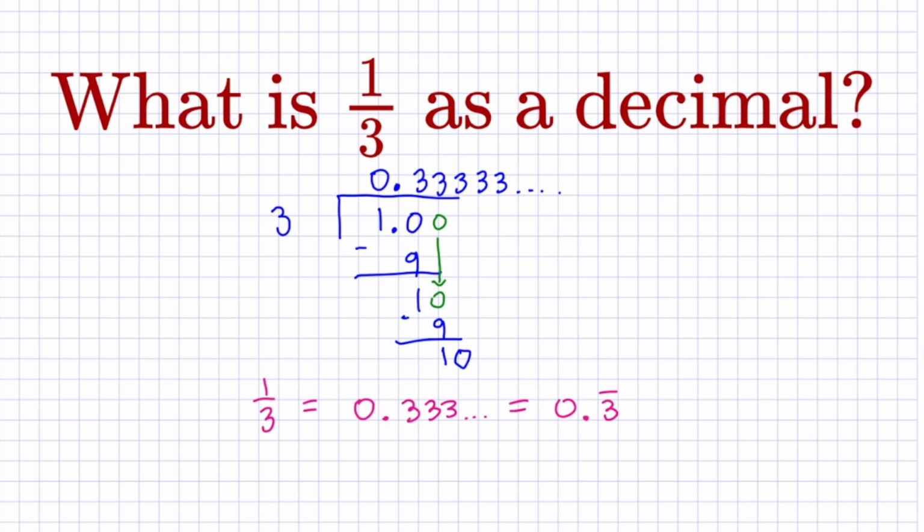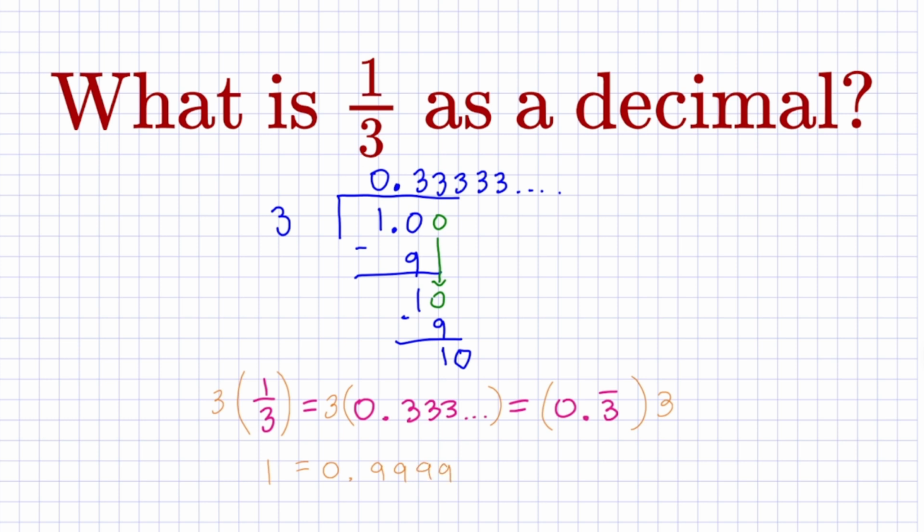So why don't we multiply this equation? Let's multiply both sides by 3. Technically, this one is getting multiplied by 3 as well. So 3 times 1/3 is 1. The middle equals 0.9999.